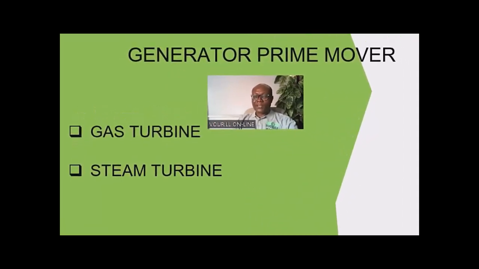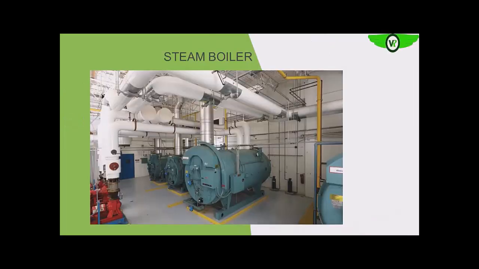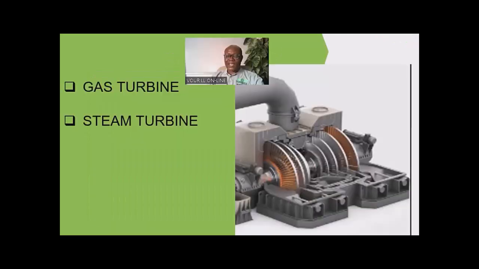The steam turbine is another very simple but complex machine. What happens is that steam is generated at the boiler. First, the chemical energy that is contained in the fuel is liberated by combustion, and that heat is absorbed by water, which means the chemical energy in the fuel is first converted into heat energy, and then the heat energy is converted into the kinetic energy in that fast moving steam.